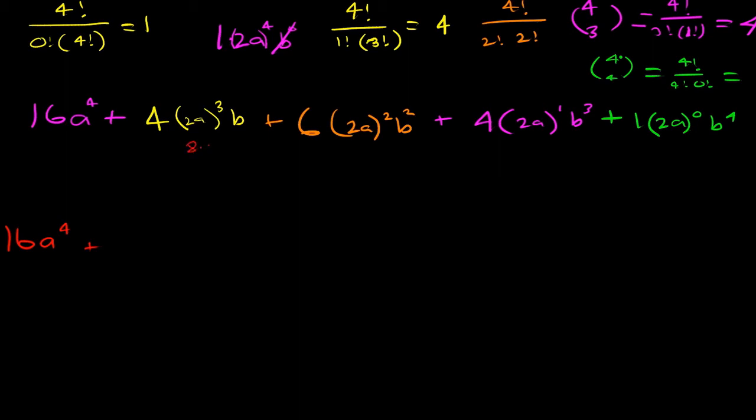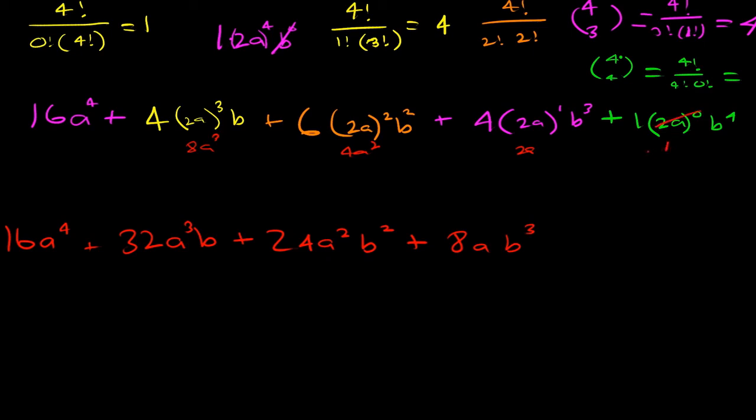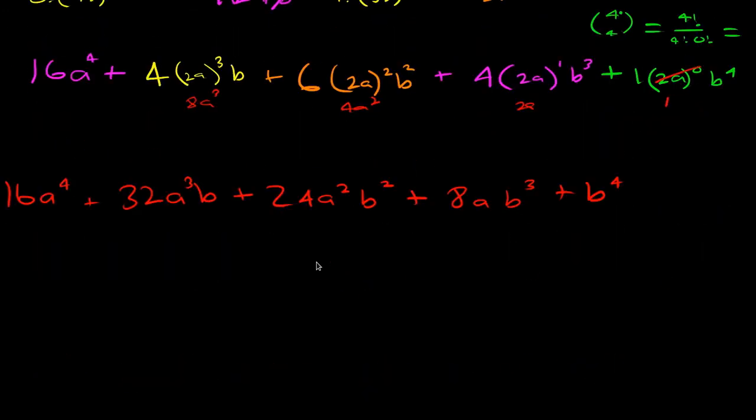Well, 2a cubed is just 8a cubed, so 32a cubed b, plus 2a squared is just 4a squared, so 24a squared b squared, plus 2a to the power 1 is just 2a, so 8ab cubed, and 2a to the power 0 is just 1 because anything to the power 0 is 1, and then plus b to the power 4. And here you have your expansion.